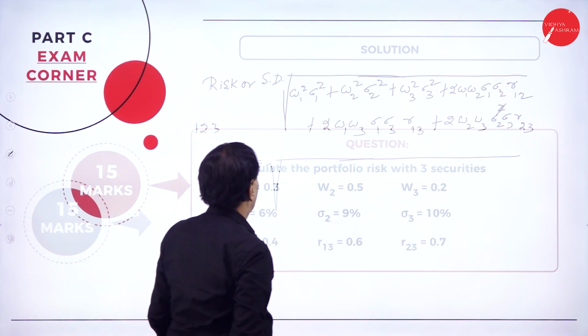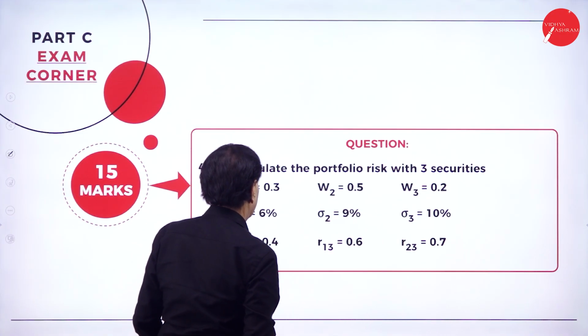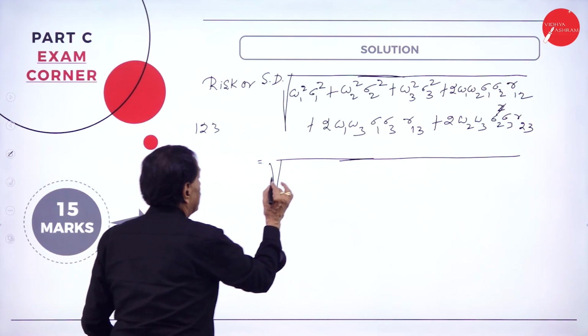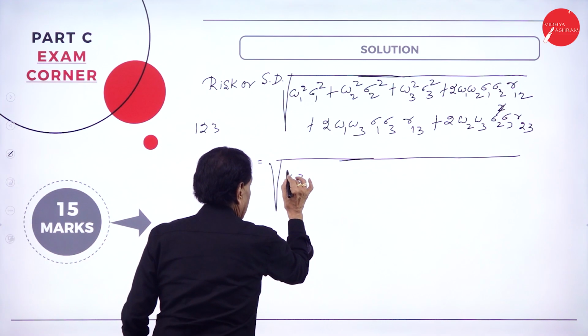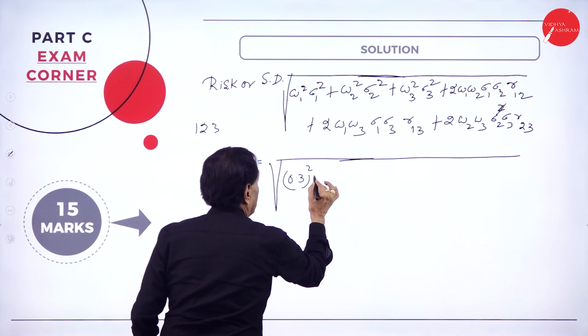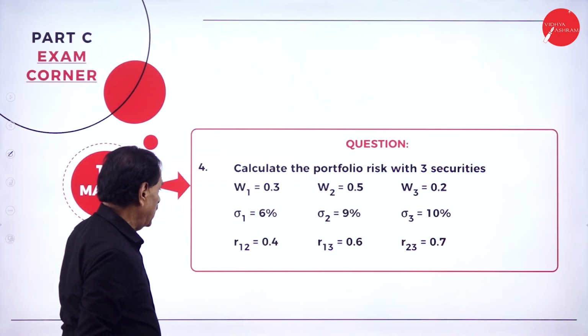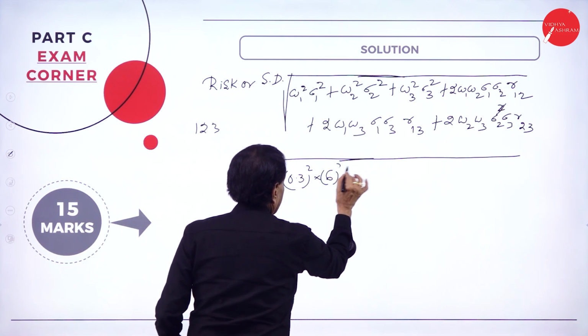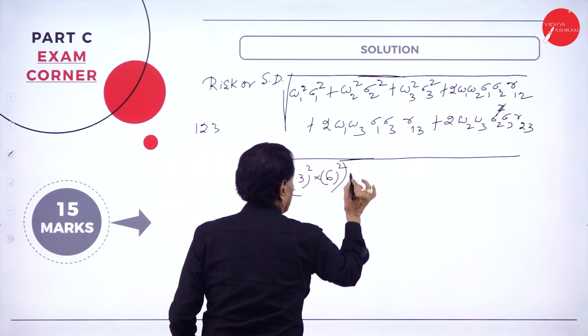Now apply. W1 is 0.3, squared, into standard deviation 1, which is 6, squared. This is one group.